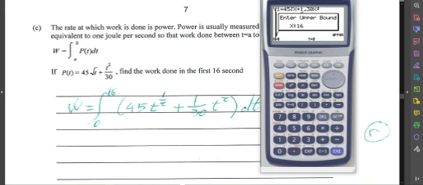Why is the argument equal to 0? Why doesn't it want to work for me? Why do you think? Shift G solve.